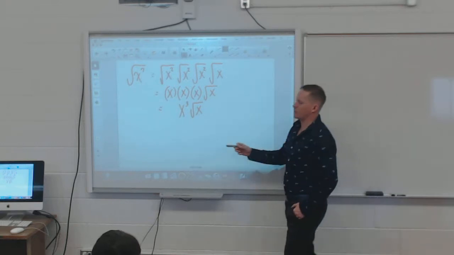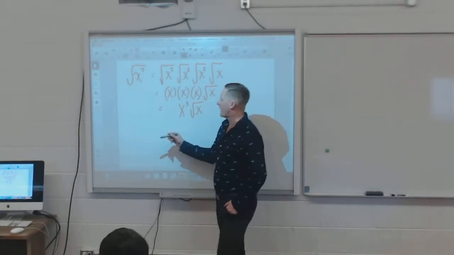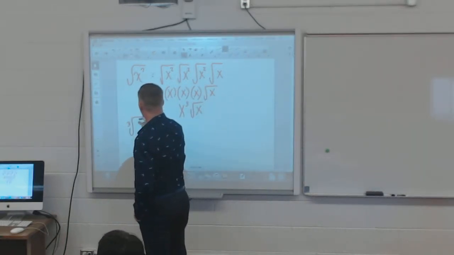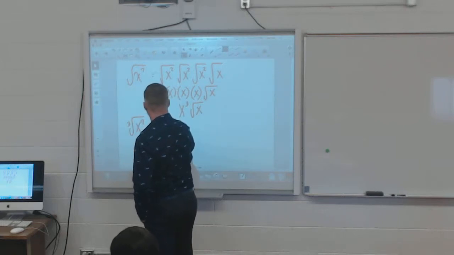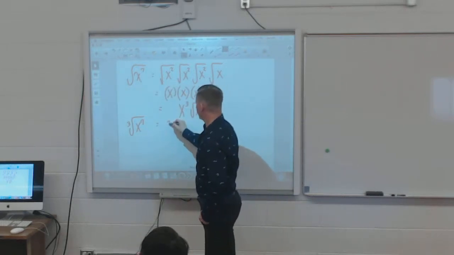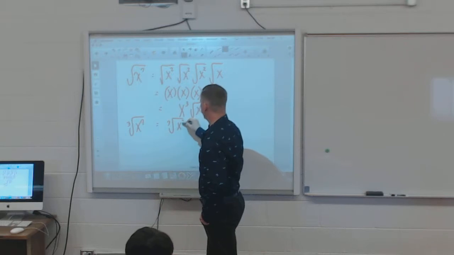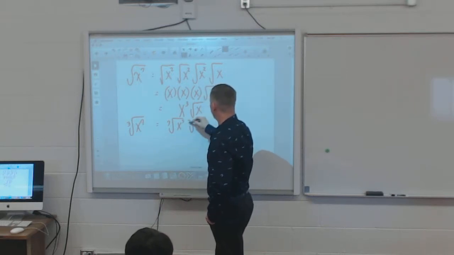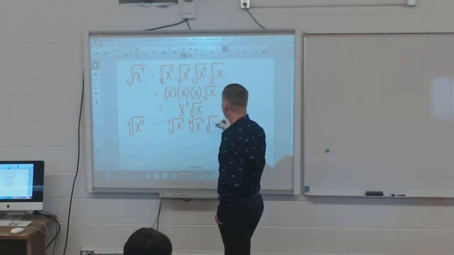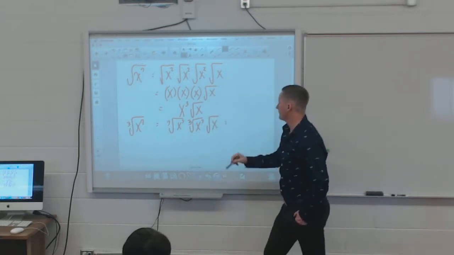All right, and if I had the cube root, so if I had the cube root of x to the 7, I would write that out as cube root x cubed times cube root x cubed times cube root x.